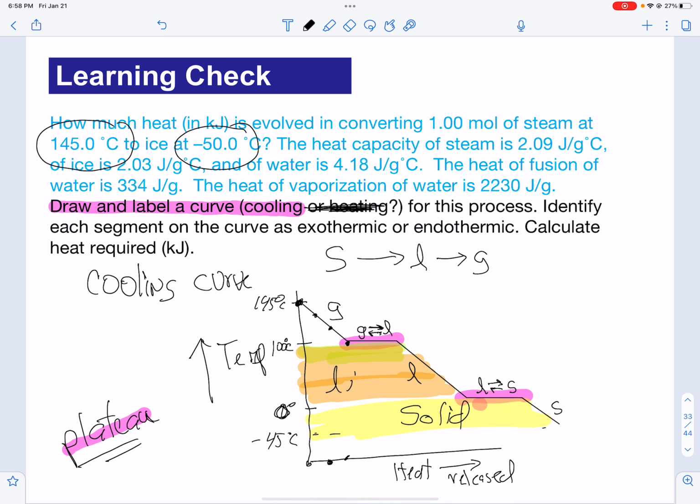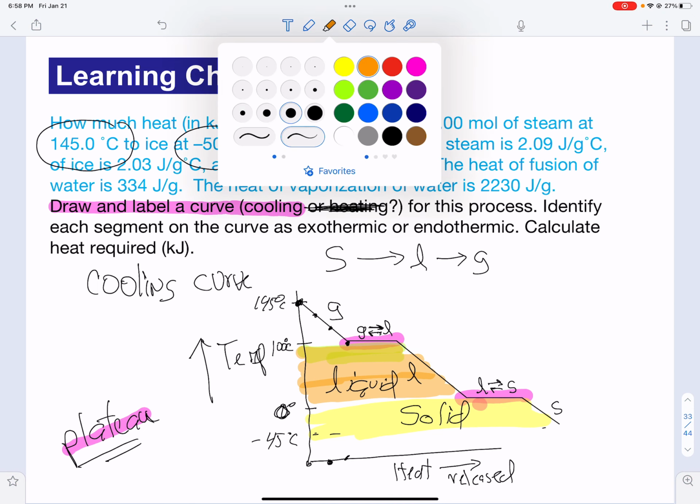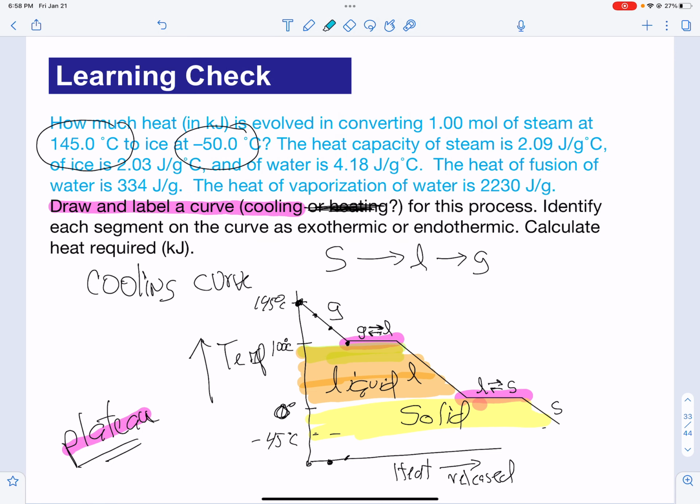This is my liquid area. And then this is my gas area. So we are done drawing the curve for this process. Identify each segment. We have done that also.